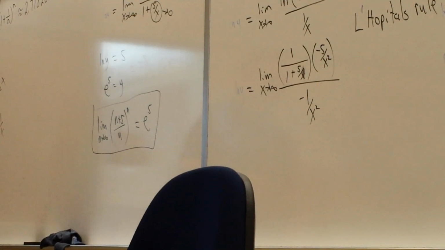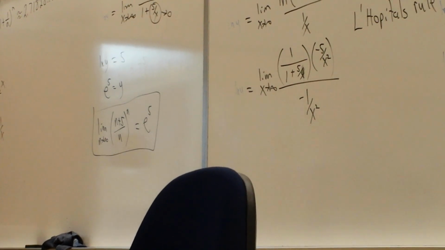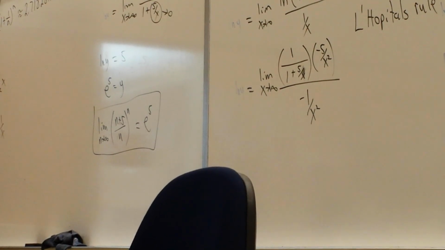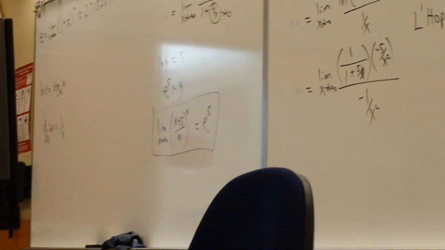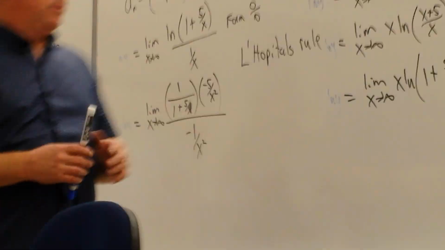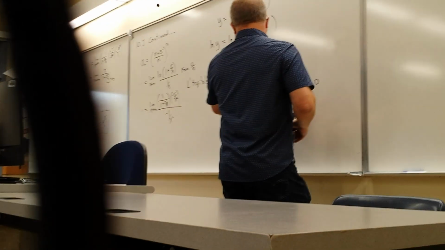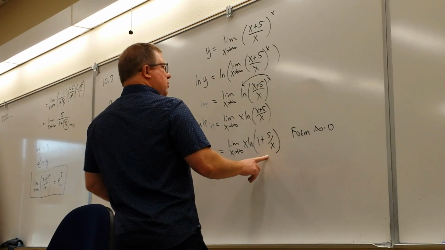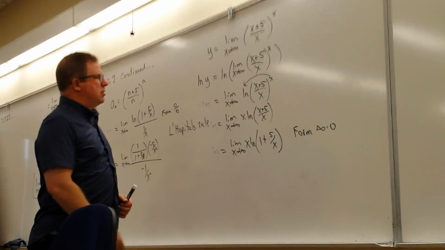Questions on any one of those steps? When you got the infinity to 0, what did you do? So I took this, which is going to infinity, and I wrote it in the denominator as 1 over that.